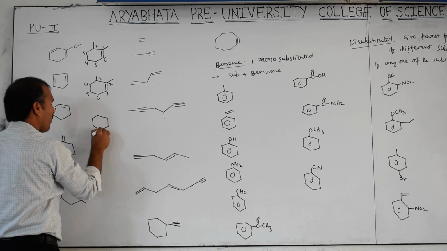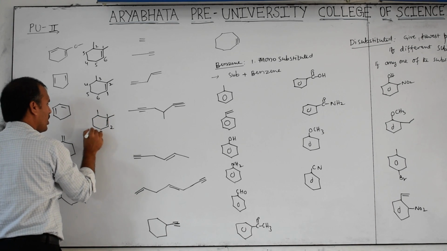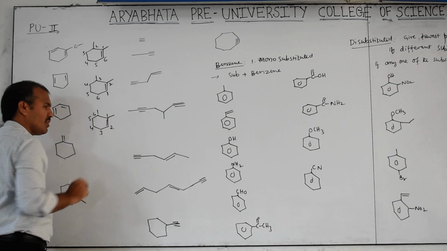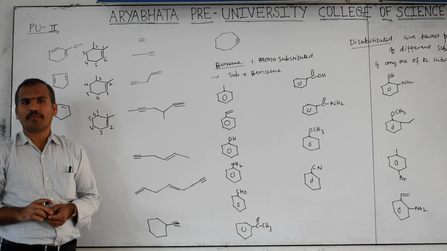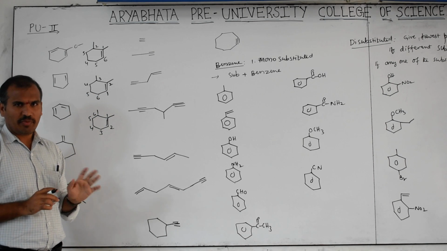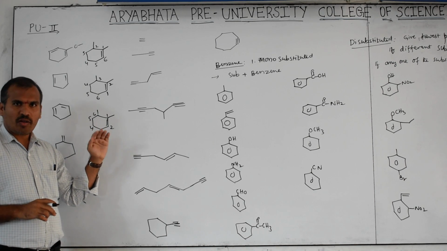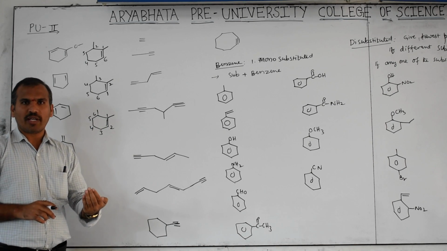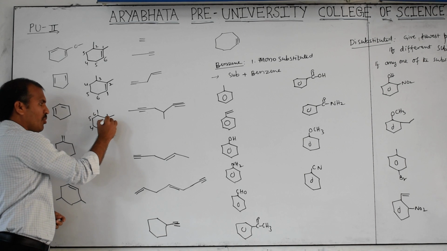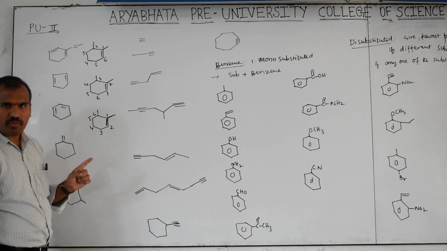Another numbering, 1, 2, 3, 4, 5, 6. Which numbering is correct? First one, second or third one? Third one, because the double bond gets the least number and also the first substituent should get the least number. So the double bond got the first number here and the first substituent also got the first number.